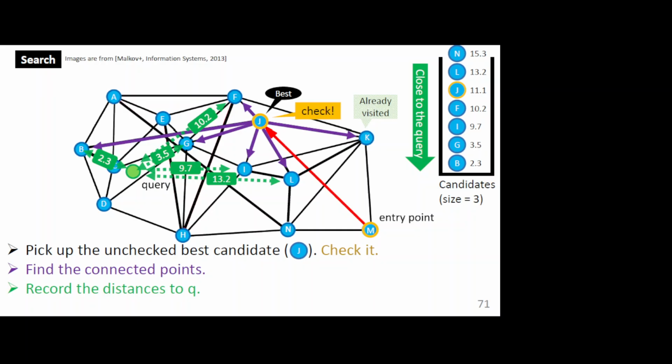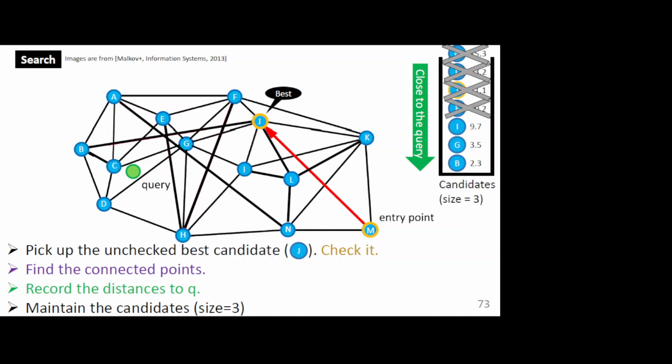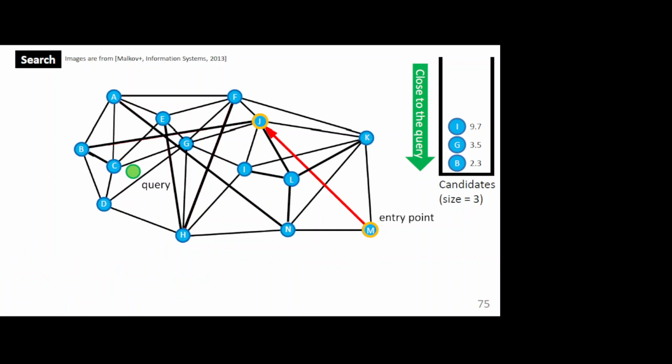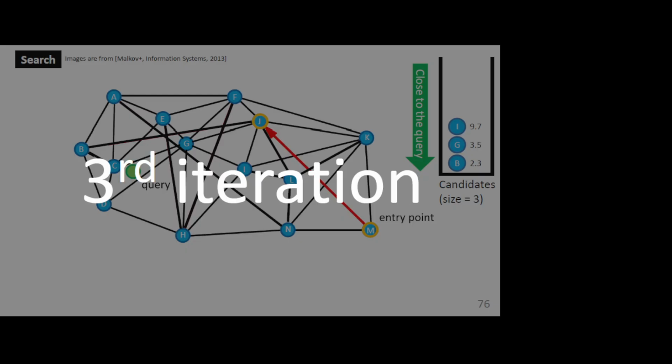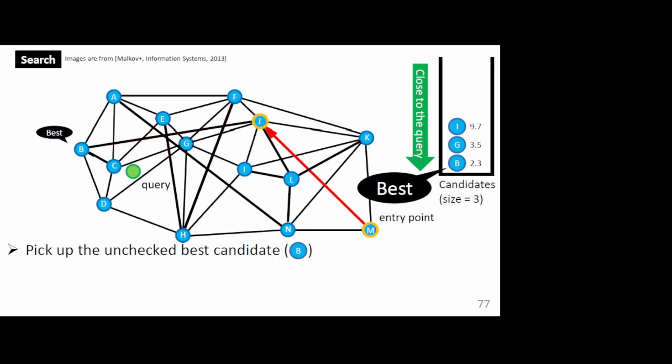But again, because the limitation of the bucket is 3, we only keep the top 3, B, G, I. They have the smallest distance, so we keep them, and all the others will be removed. Okay, so we update our bucket.